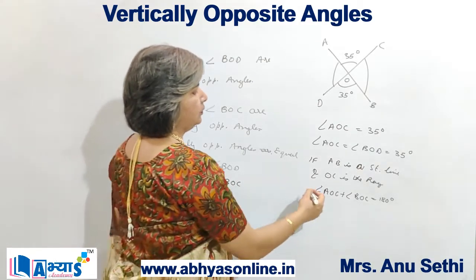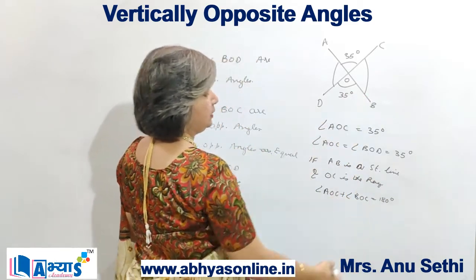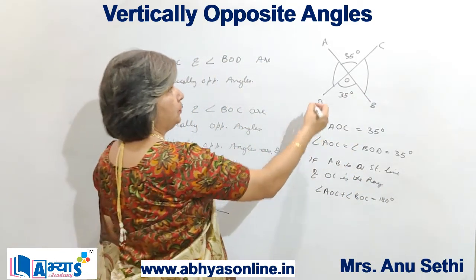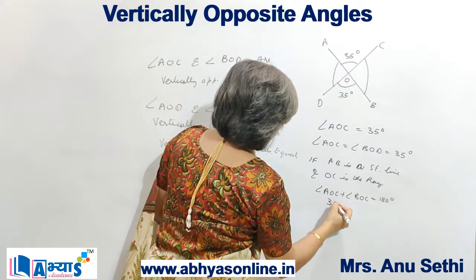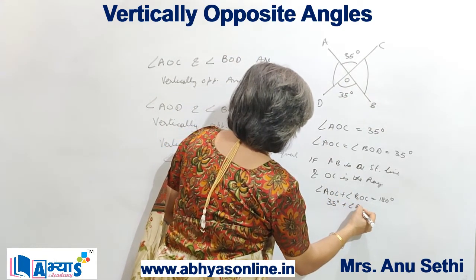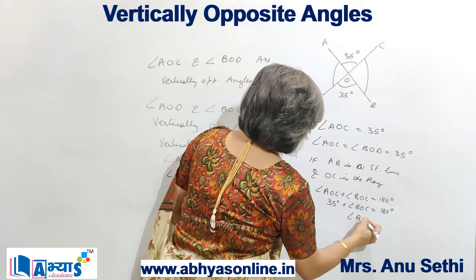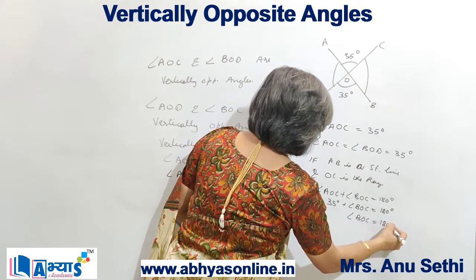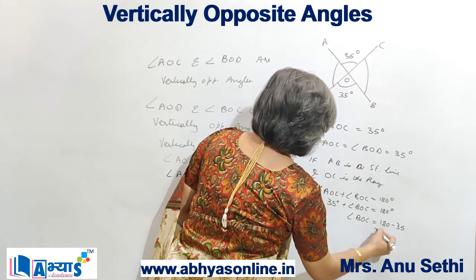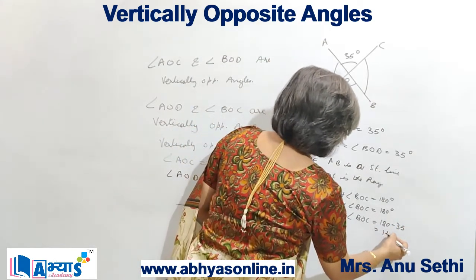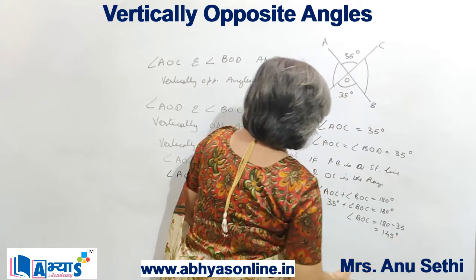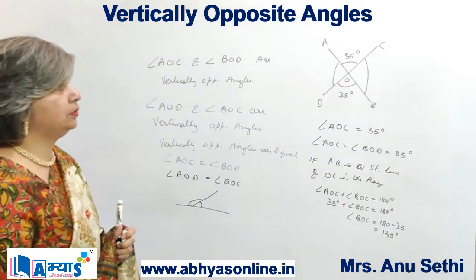So angle AOC plus angle BOC is equal to 180 degrees. As we know, AOC is 35 degrees, so 35 degrees plus angle BOC is equal to 180 degrees, or angle BOC is equal to 180 minus 35, which is 145 degrees.